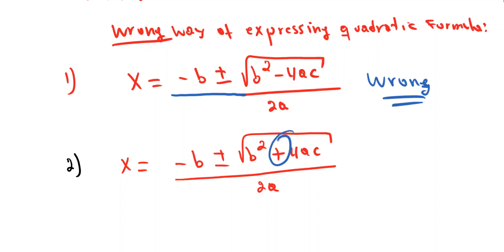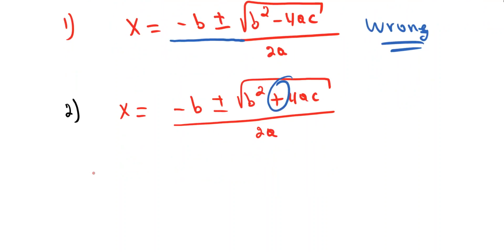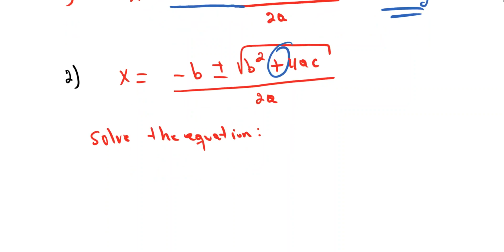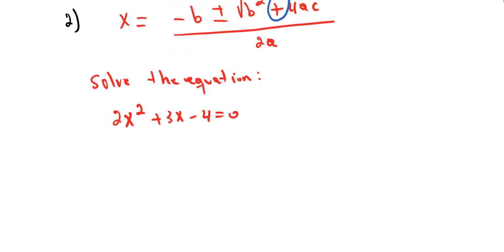So let's take an example. You are asked to solve the equation 2x squared plus 3x minus 4 equals 0, and they ask you to solve it using the quadratic formula.